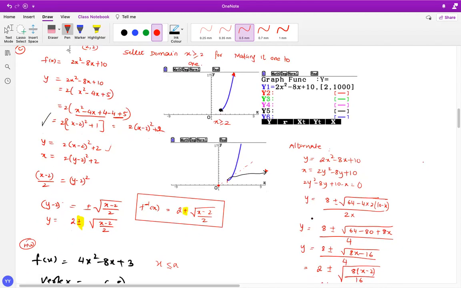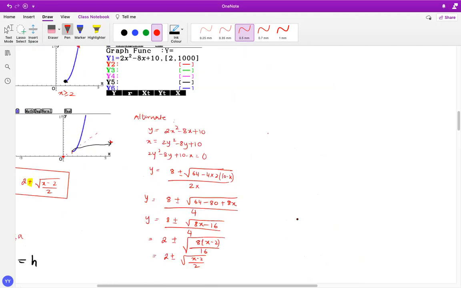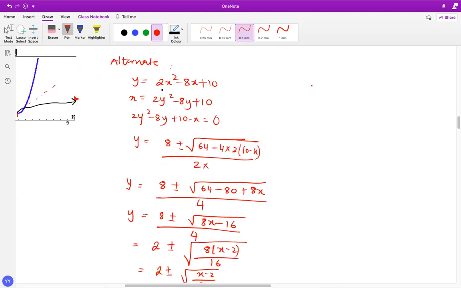There was an alternative method as well, which could be used here. In order to find the inverse of any random quadratic, you interchange x with y and make y the subject. Now, since you see that there are two y values, it's really difficult. In this case, you collect the terms on one side and treat it as a quadratic in terms of y.